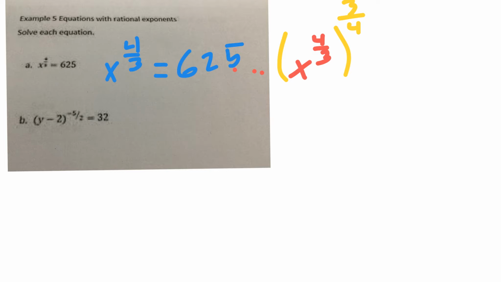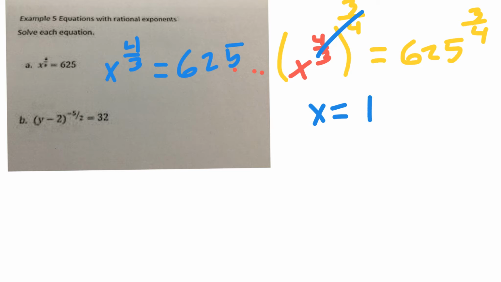We get a value of 1, and that's what we want, is x to the first power. So if I raise the left to the 3/4 power, I must raise the right side to the 3/4 power. That keeps my equation balanced. So 4/3 times 3/4 is 1, that leaves x, and then 625 to the 3/4 power gives 125.